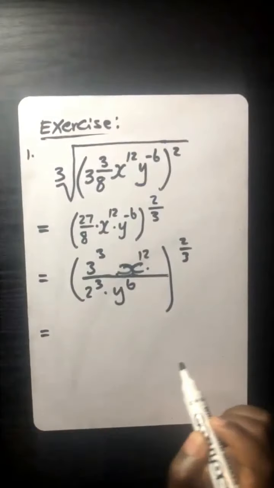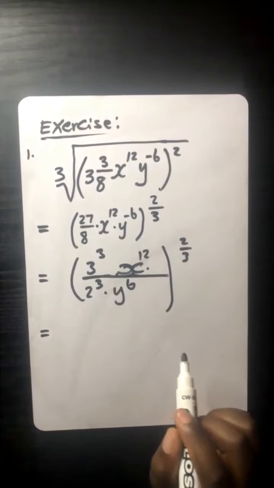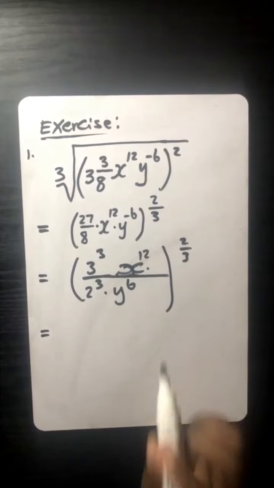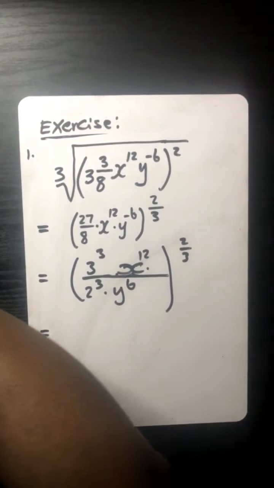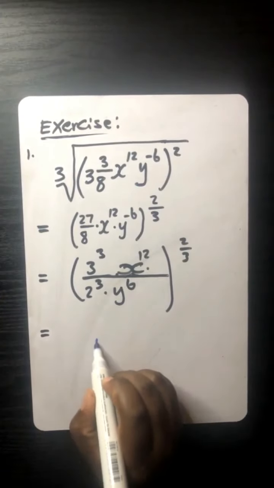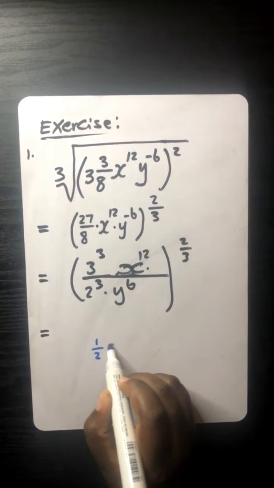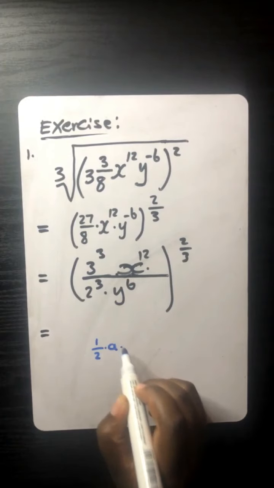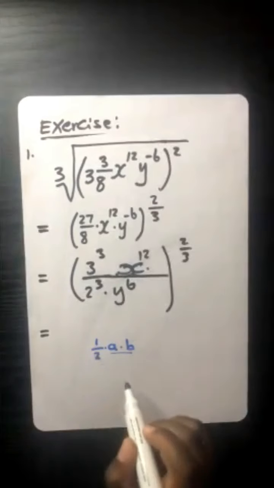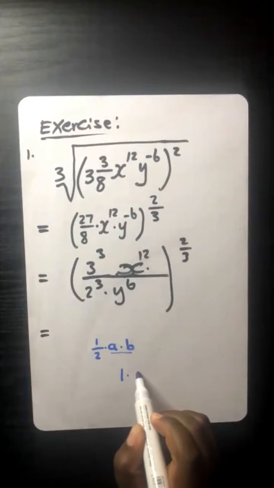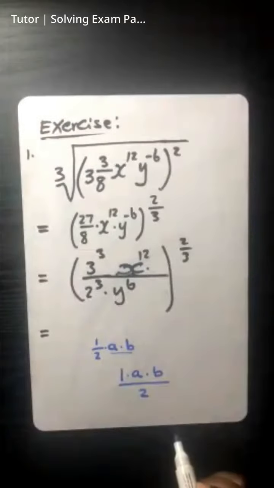Guys, remember, if you don't agree or you don't understand, you can ask me. As an example, I'm going to write this just so that you understand. If you have 1 over 2, let's say a times b, all of this can be written at the top, which means this is the same as 1 times a times b, all of that divided by 2.